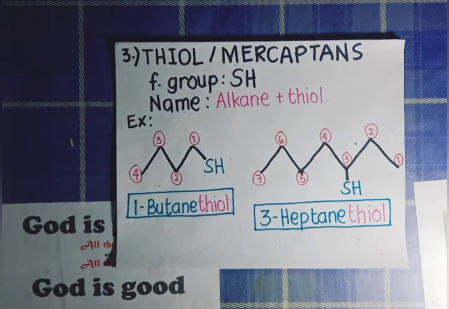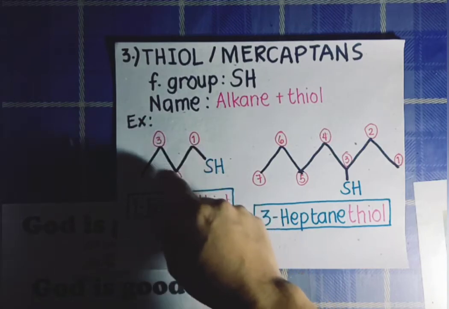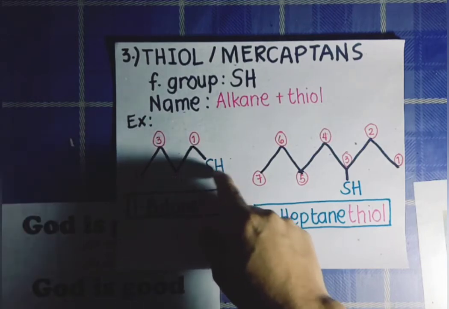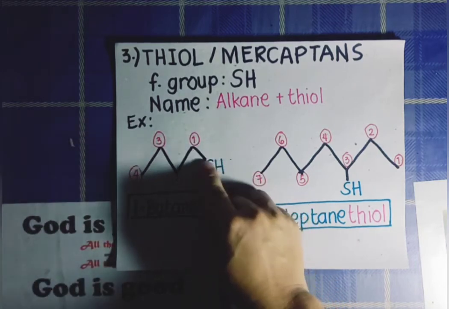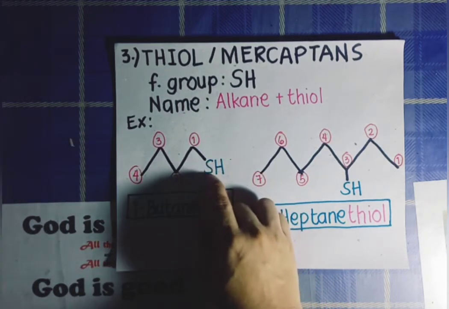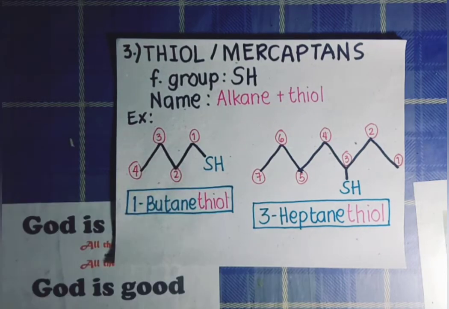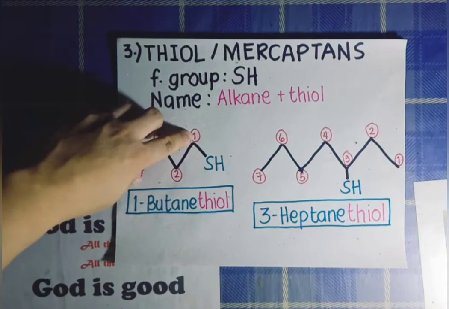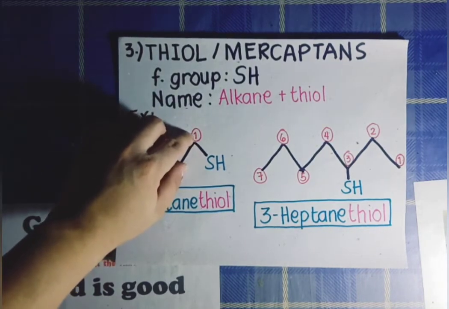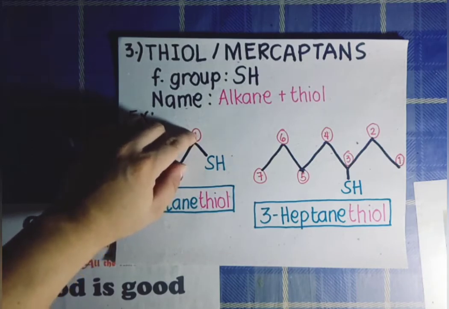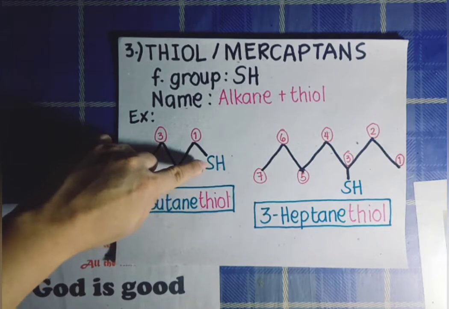Okay, so for example, for the first one, we have here 1, 2, 3, 4 carbons, and we have here the thiol or mercaptan group. Now this one again is not a carbon because it's attached to the thiol group. Therefore, our carbon number 1 here is this one, because this terminal side is the one nearest to our thiol functional group.